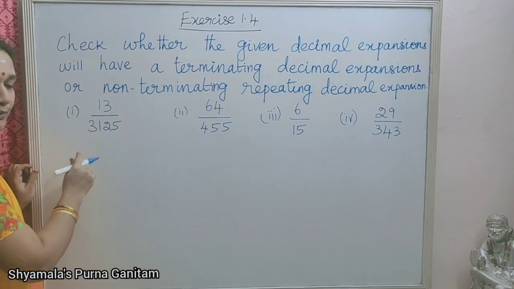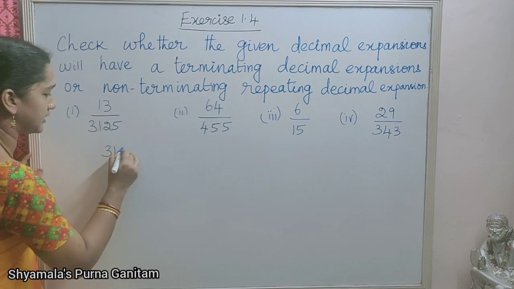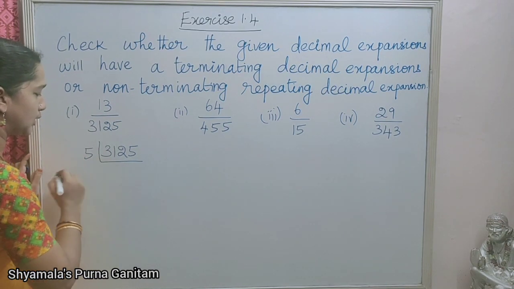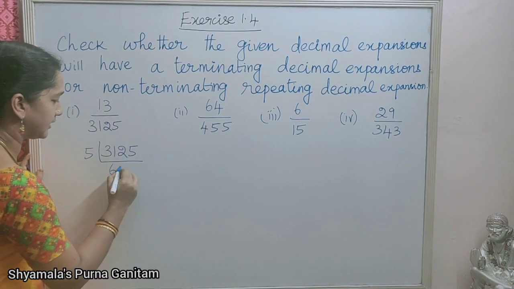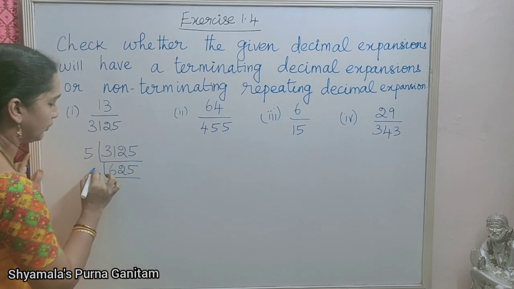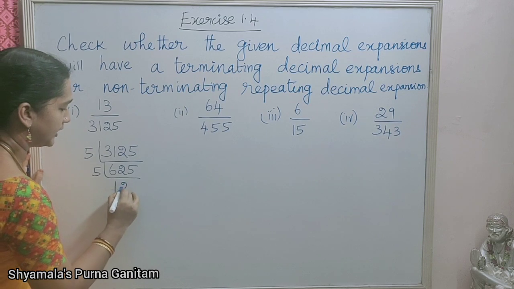So the denominator for this is 3125. We will find the factors of this. In the 5 table, 5 sixes are 30, 5 twos are 10, 5 fives are 25. So 5 times 25 is 125.